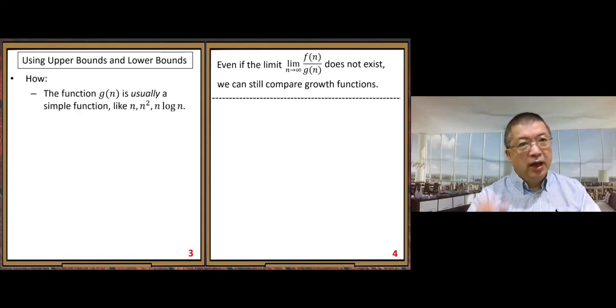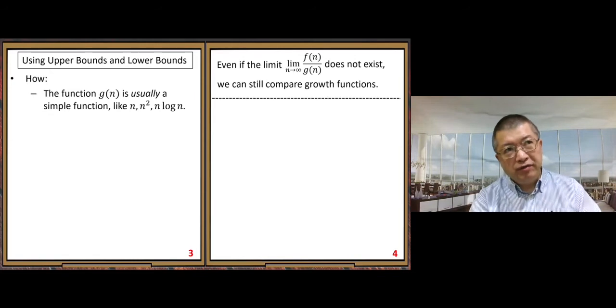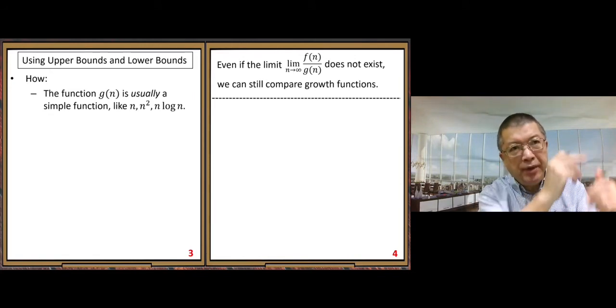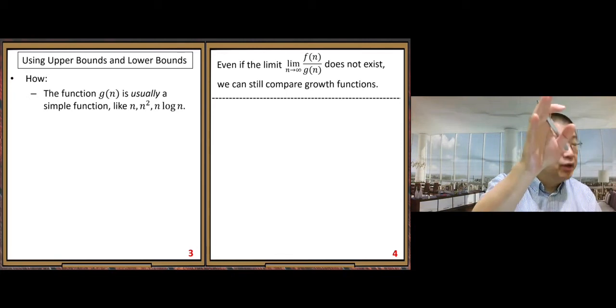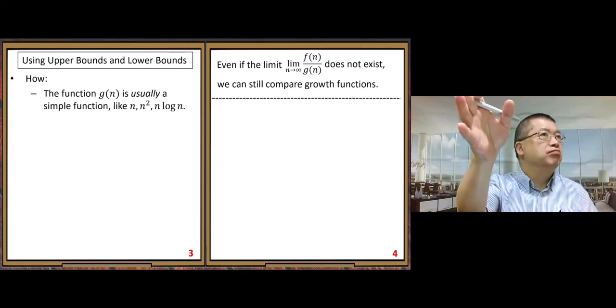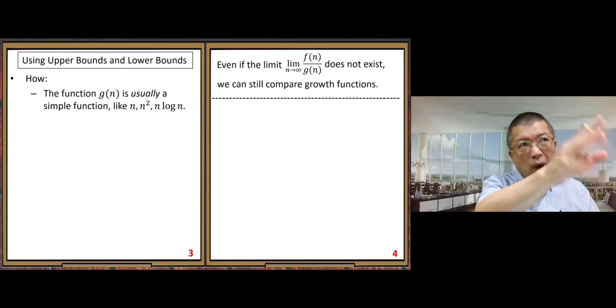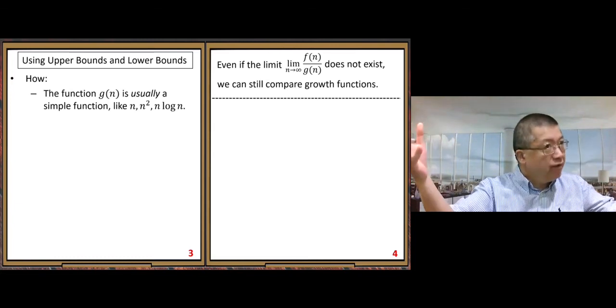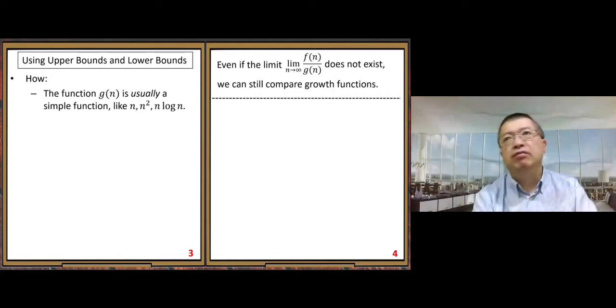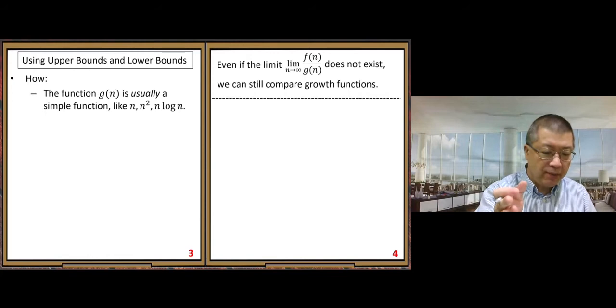First, usually the g of n function, the one that we use at the denominator, is a simple function. Because when we use simple functions, we have an immediate idea how fast they grow. Look at the example.